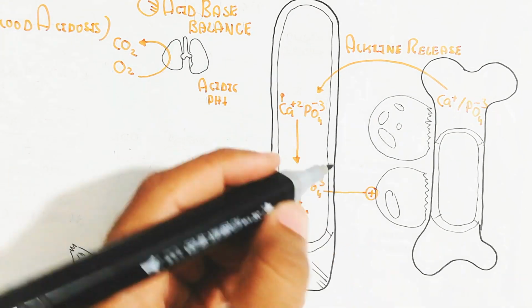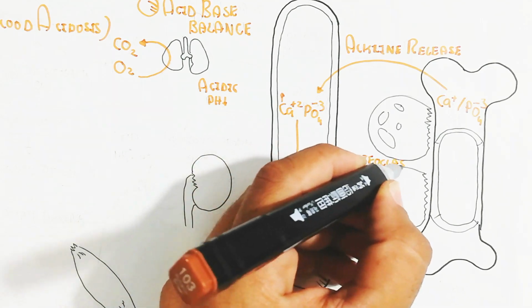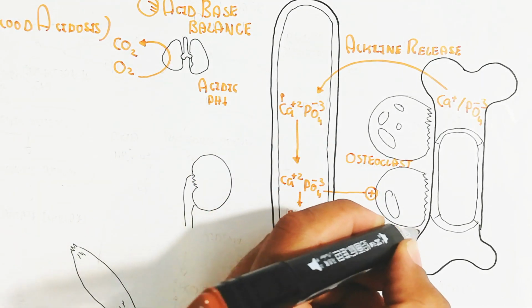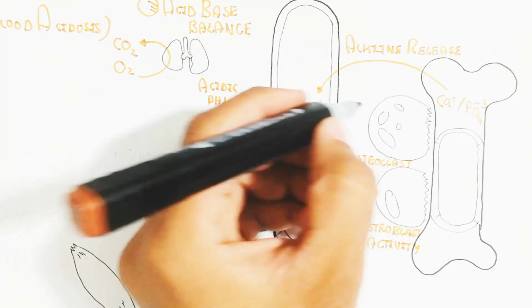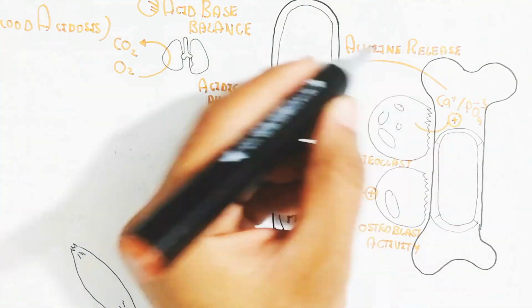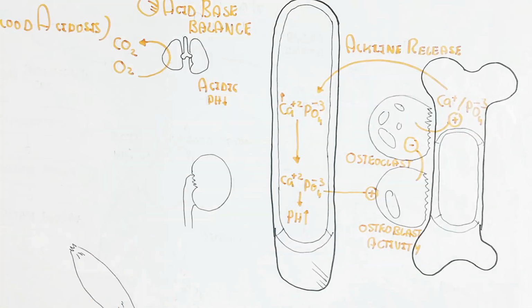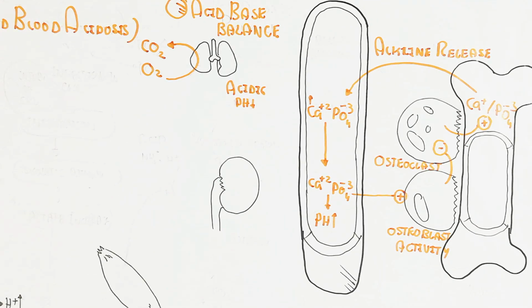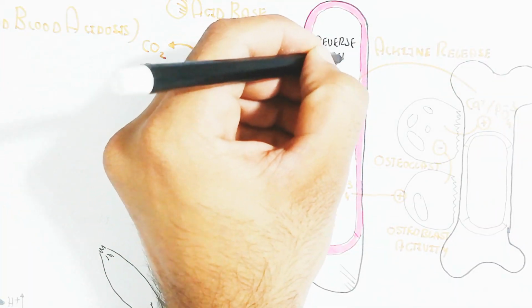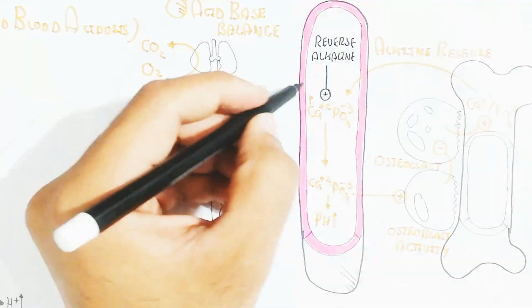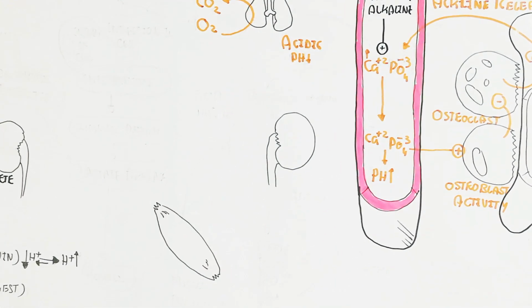But this increased pH triggers osteoblast activity for the deposition of calcium and phosphate through hormonal changes, and it inhibits osteoclast activity, because osteoclasts degrade the bone while osteoblasts increase bone density.